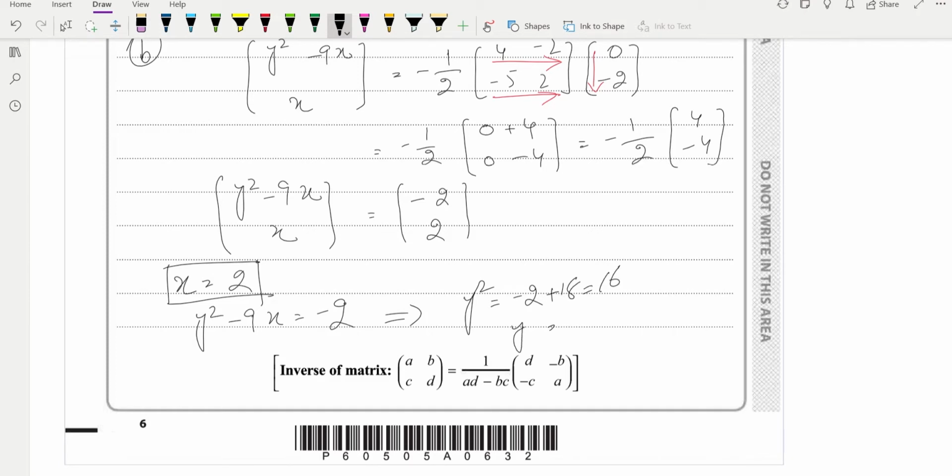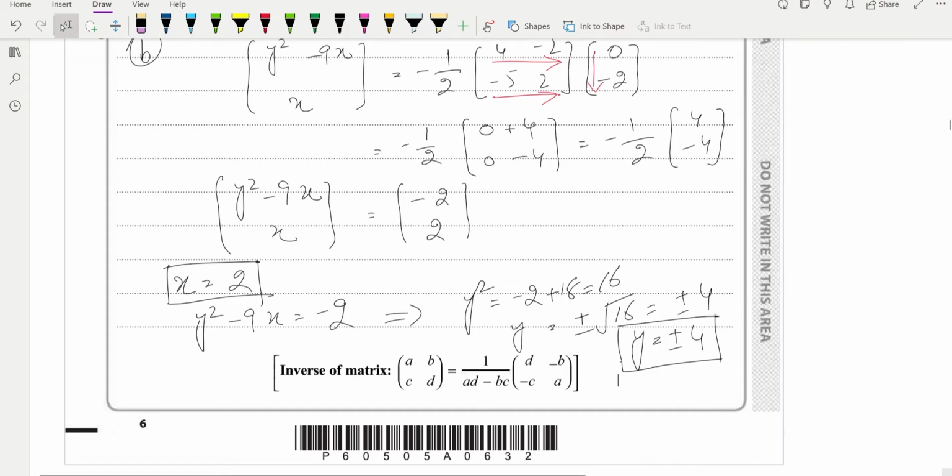So y will be equal to plus minus under root 16, which is equal to plus minus 4. So y is equal to plus minus 4 will be the final answer for this part.